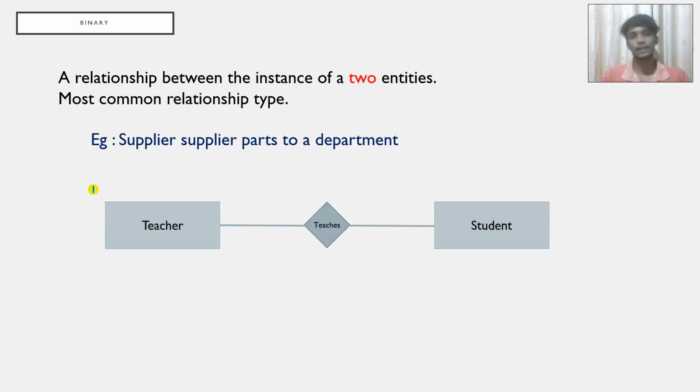The second one is binary. A relationship between the instances of two entities, the most common relationship type. I think these notations are more familiar now because we have discussed them before. Here I have given an example: supplier supplies part to a department.